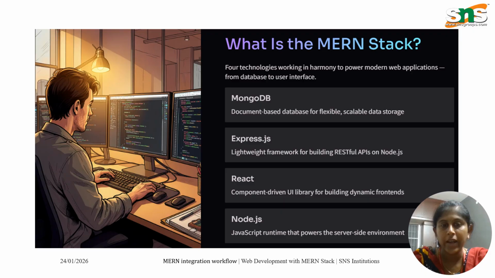Third, React. React is a front-end JavaScript library used to build dynamic and interactive user interfaces. Finally, Node.js. Node.js provides a runtime environment that allows JavaScript to run on the server. Together, these technologies create a complete full-stack development environment.